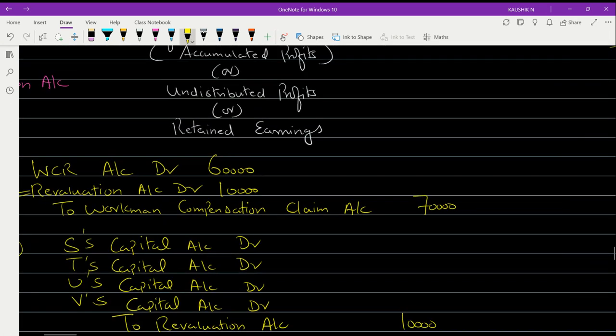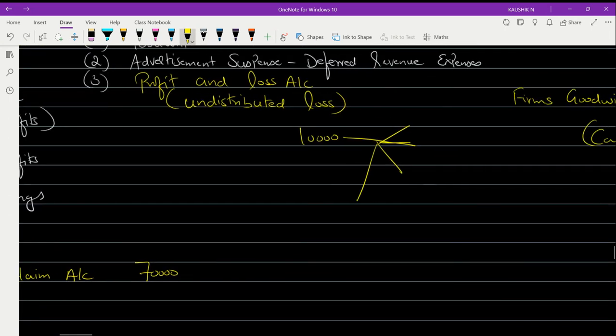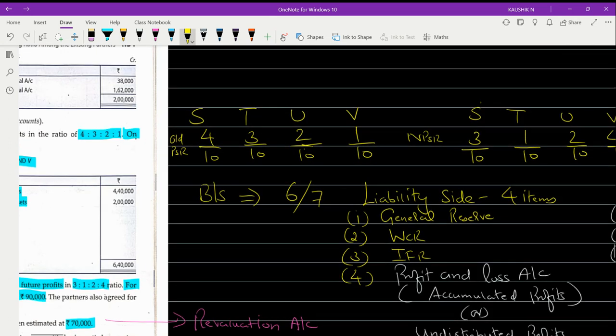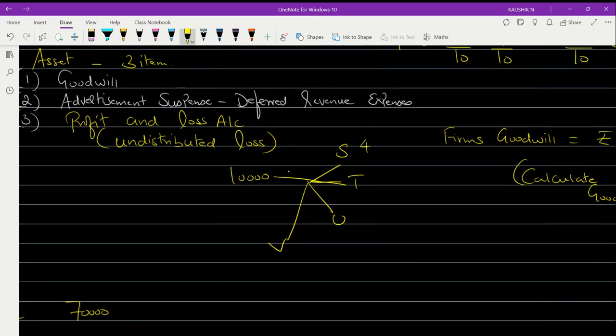Now this 10,000 should be distributed among those four partners, namely S, T, U and V, in their old profit sharing ratio. So what is the old profit sharing ratio? 4, 3, 2, 1. So that means 4 by 10, 3 by 10, 2 by 10, 1 by 10.